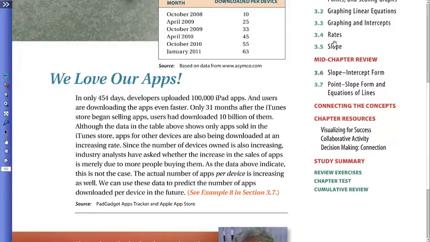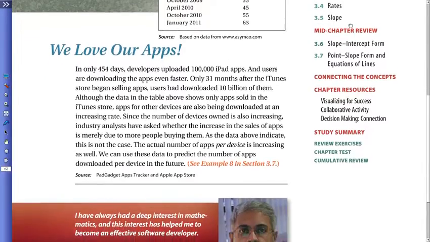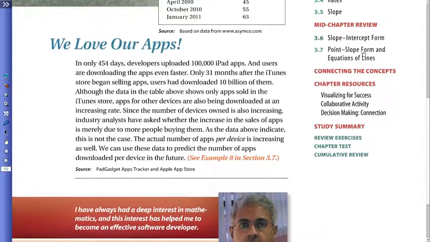And then rates, or fractions, a comparison of two numbers, usually relate to slope, which is also a fraction, a special fraction that we'll talk about. And then we're going to use that slope and intercept stuff to help graph.